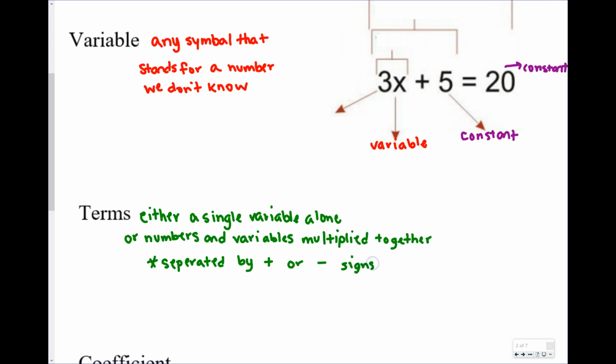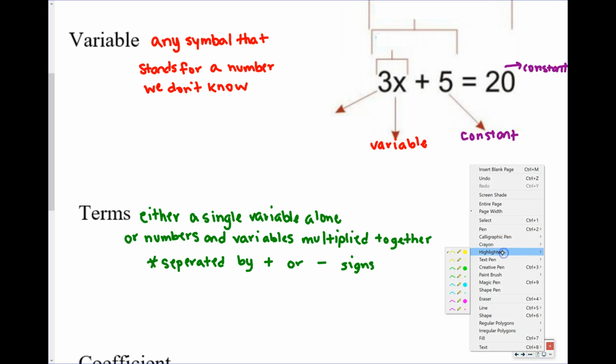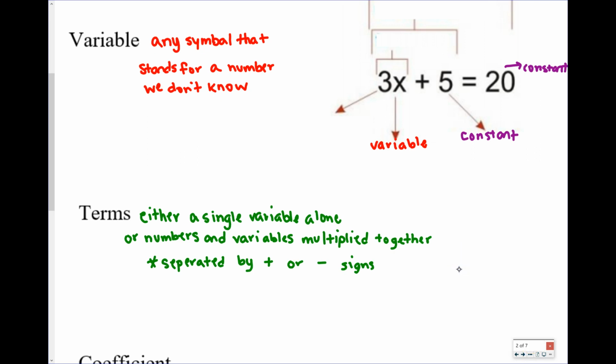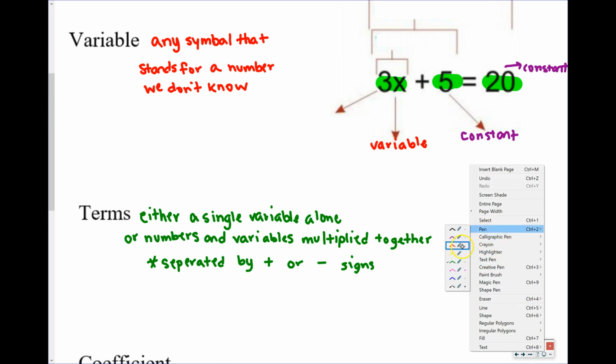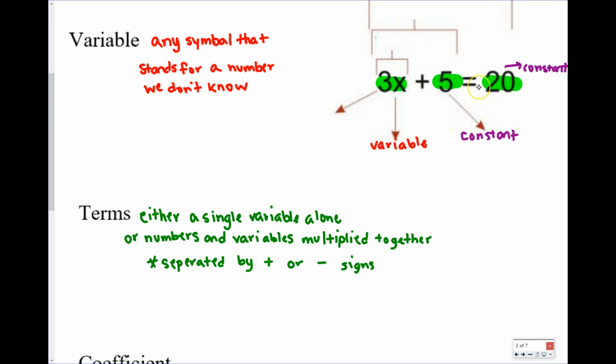So if I look at my example up here, and maybe I can get a highlighter that is the color I want. So the 3x, the 5, and the 20 are all actually terms. Even though 5 and 20 are also constants, they're also considered terms, which I know is strange, but both of these words can describe the 5 and the 20.